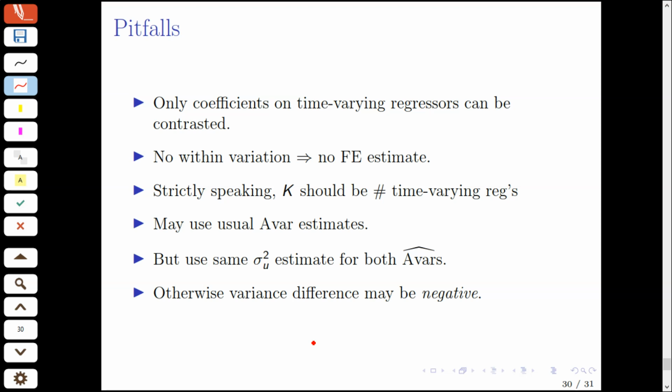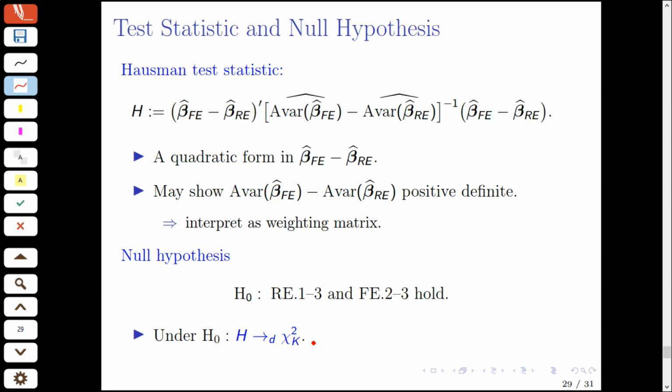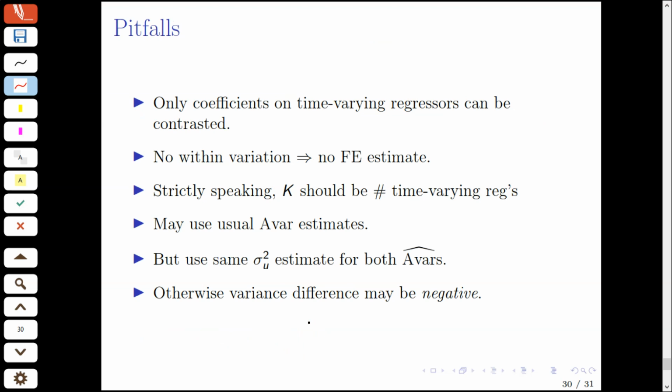This goes back to our discussion of the fixed effects estimator in a previous lecture, where we showed that for variables which have no within-individual variation across time, we cannot construct a fixed effects estimator. So strictly speaking, the k appearing in this chi-square random variable should be the number of time-varying regressors.